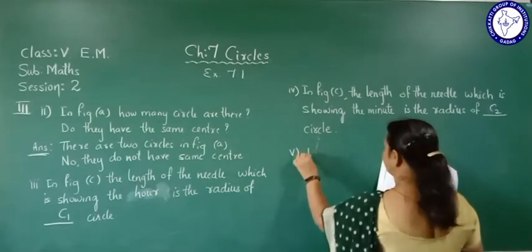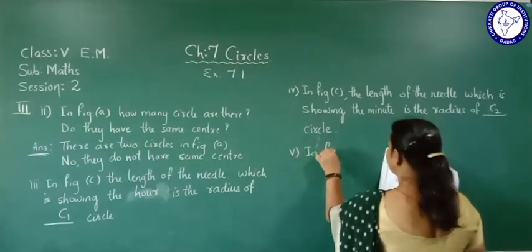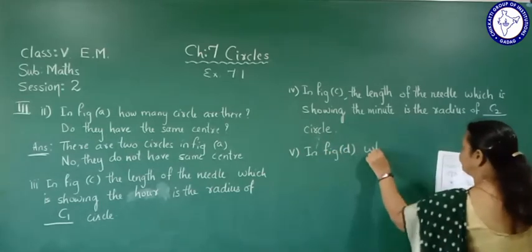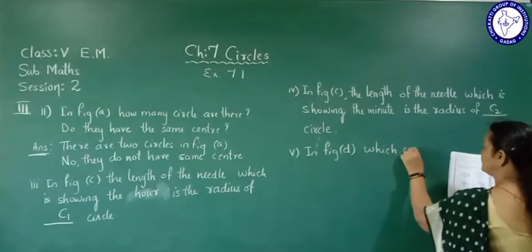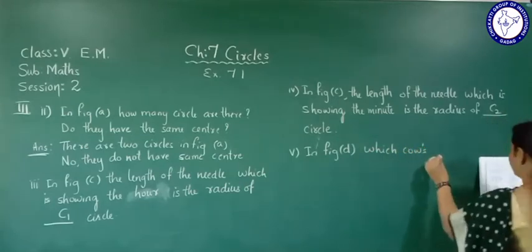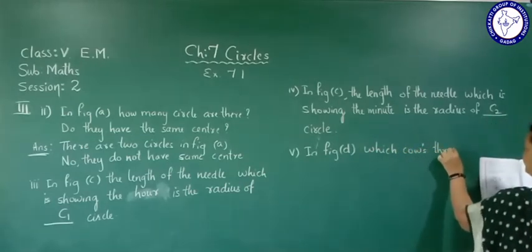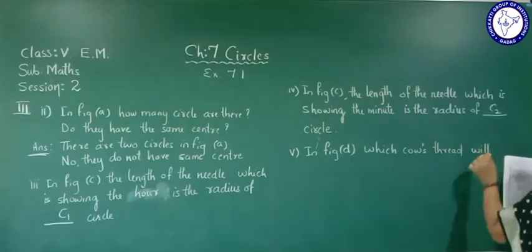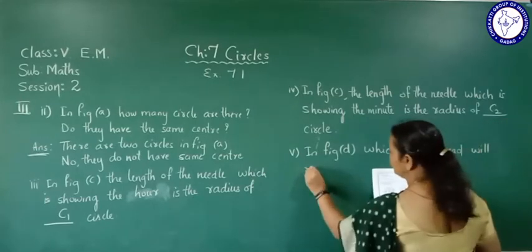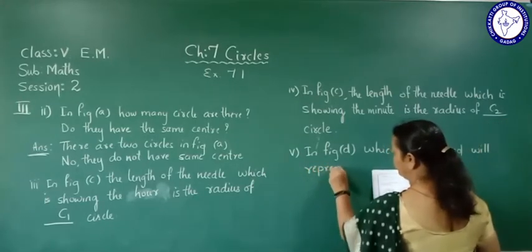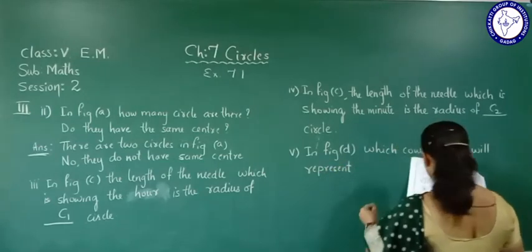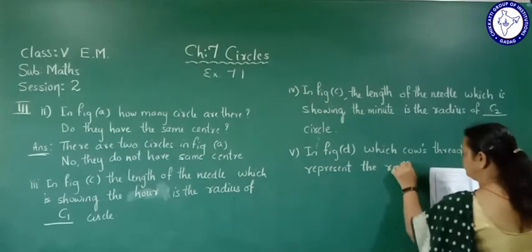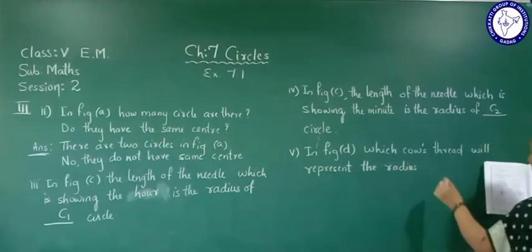In figure D, which cow's thread will represent the radius of the circle?